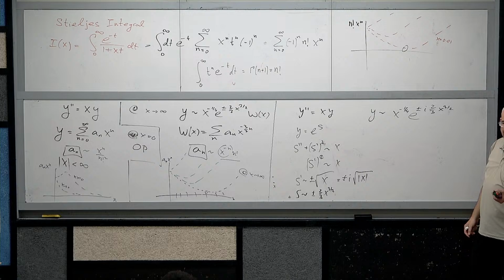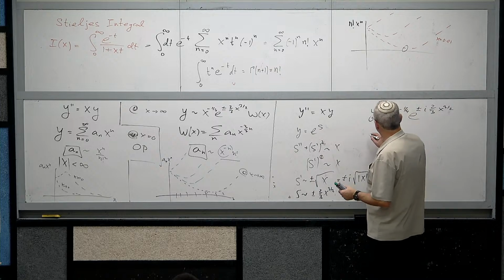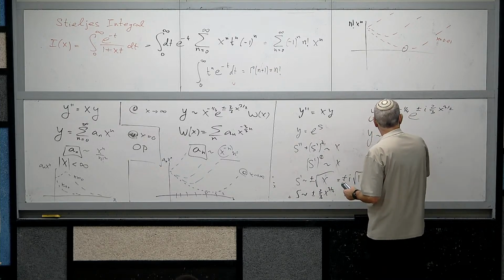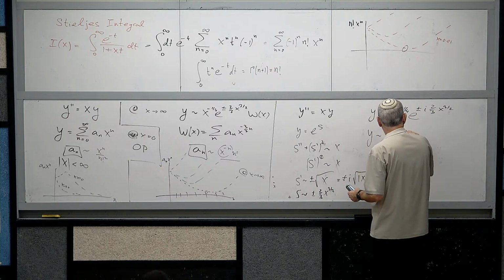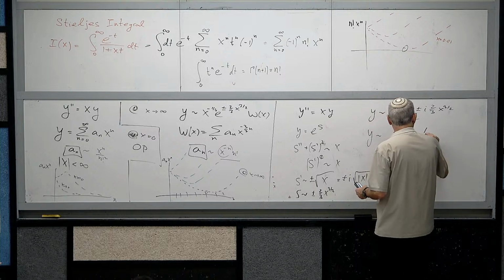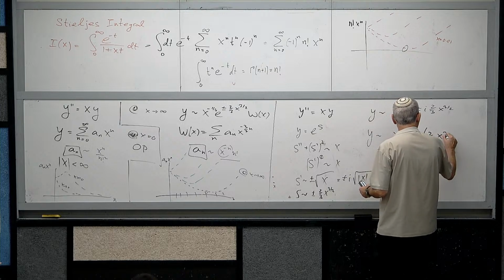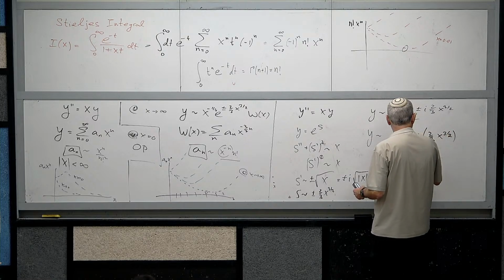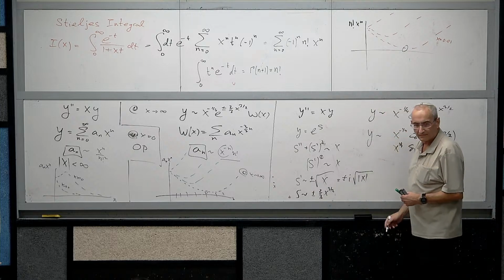If I have e to the ix and e to the minus ix and I want real functions, I'm adding them, I get a cosine and a sine. So we expect y to be x to the minus 1/4 times cosine 2/3 x to the 3/2 or sine 2/3 x to the 3/2.